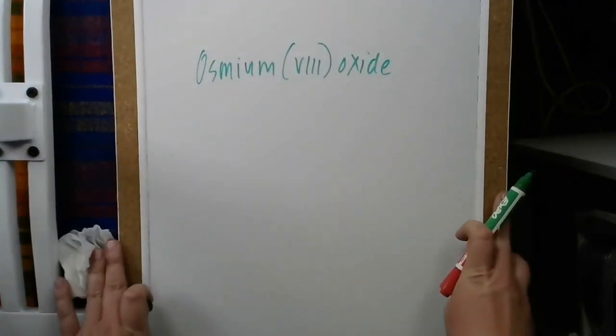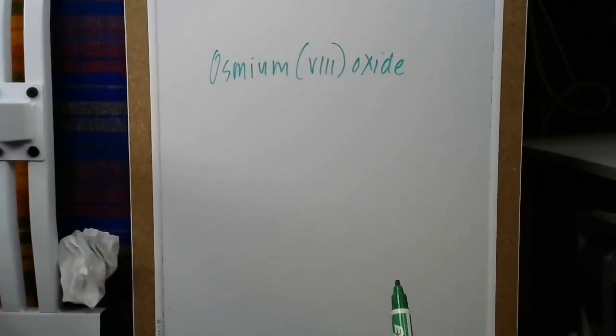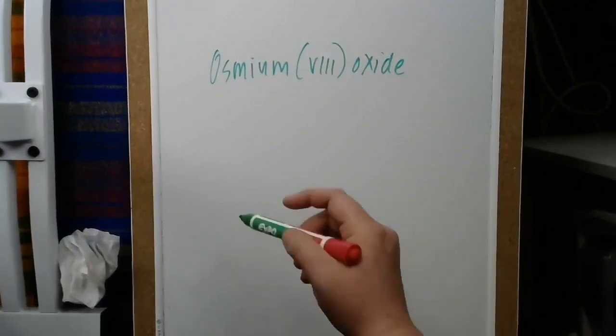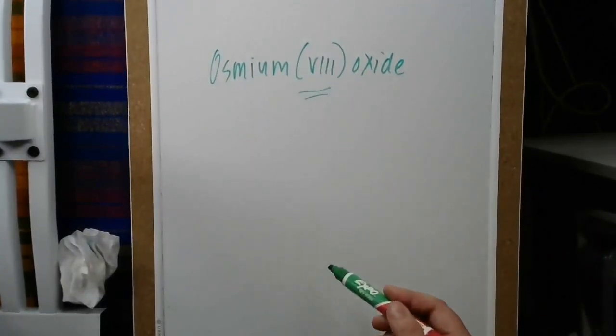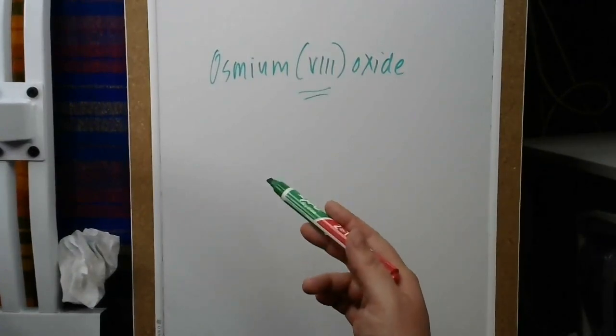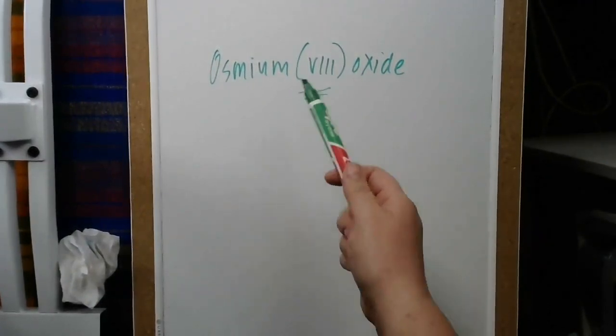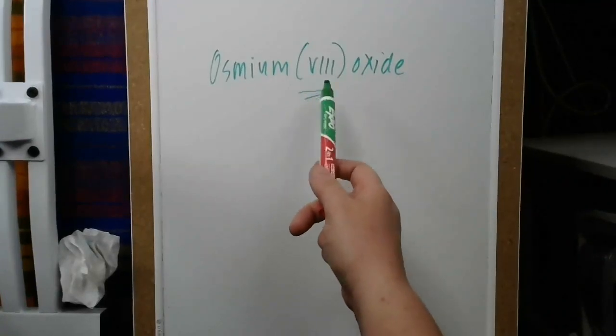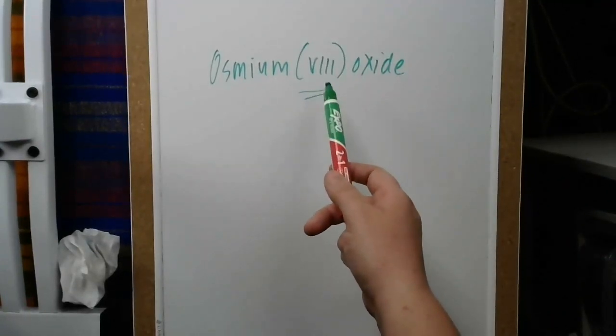So when you are looking at something like this, again, you have to recognize that it's an ionic compound. This is a very good giveaway that you're dealing with a metal if you don't recognize the name of the compound as a metal and a nonmetal together, because with nonmetals, we don't have parentheses indicating charges.